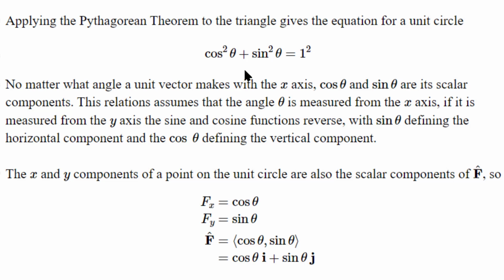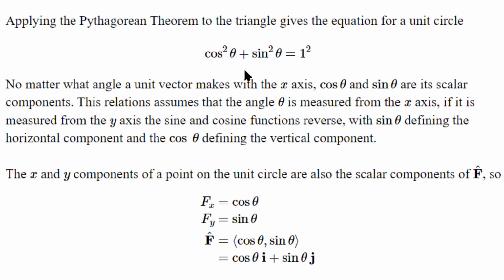And it's important to note that we're measuring this theta from the x-axis, okay? So if we were to flip it and measure it from the y-axis, we would have to flip the terms. So the x component, or the i component, would be sine, and the j component, or y component, would be cosine.